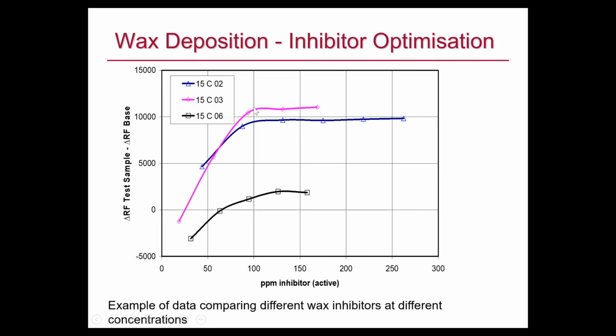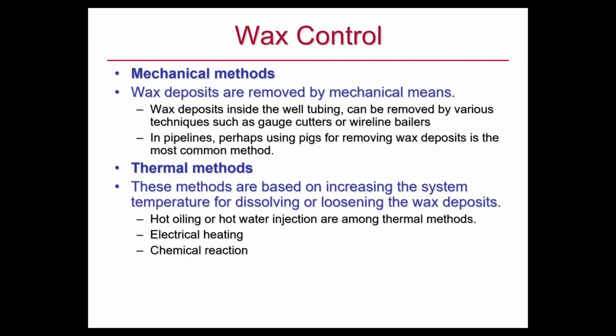You see that for this inhibitor, 100 ppm is enough. For this one, maybe 120 ppm is enough. You see that above that doesn't have any effect. You're just wasting your money. It doesn't have any effect on the result.